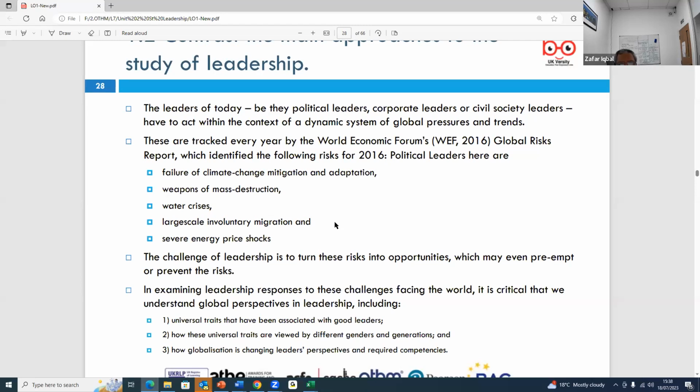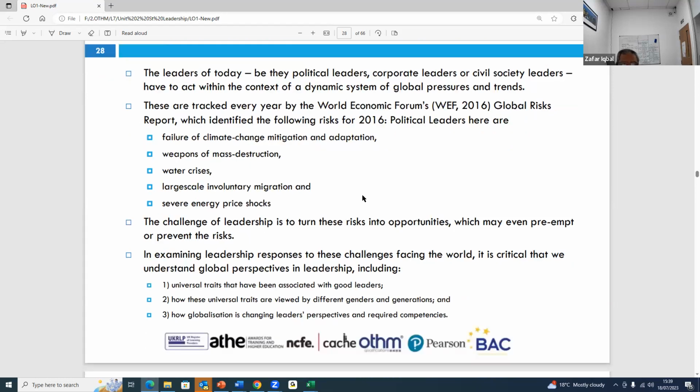So, for example, when we are comparing political leaders, they are tracked every year by the World Economic Forum, which looks at the risks, and at how political leaders differ according to where they are, or according to the global risks report. So how do they deal with issues like weapons of mass destruction, for example?